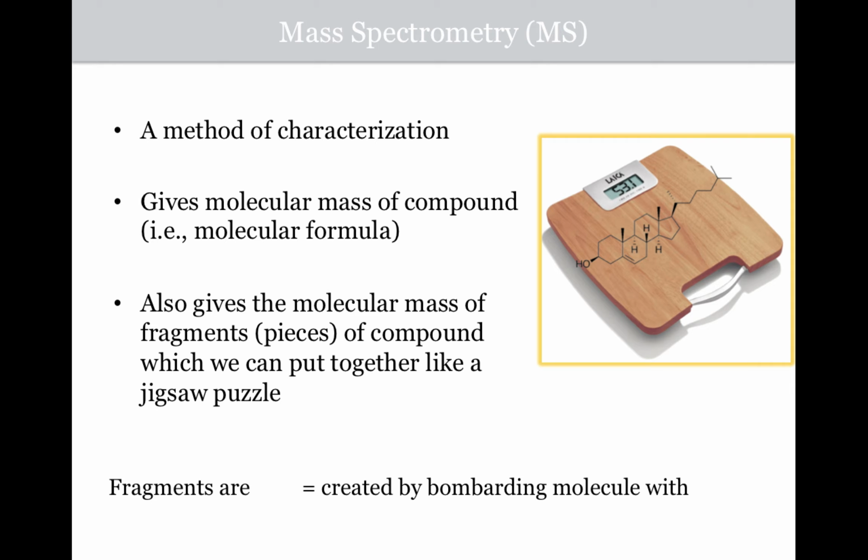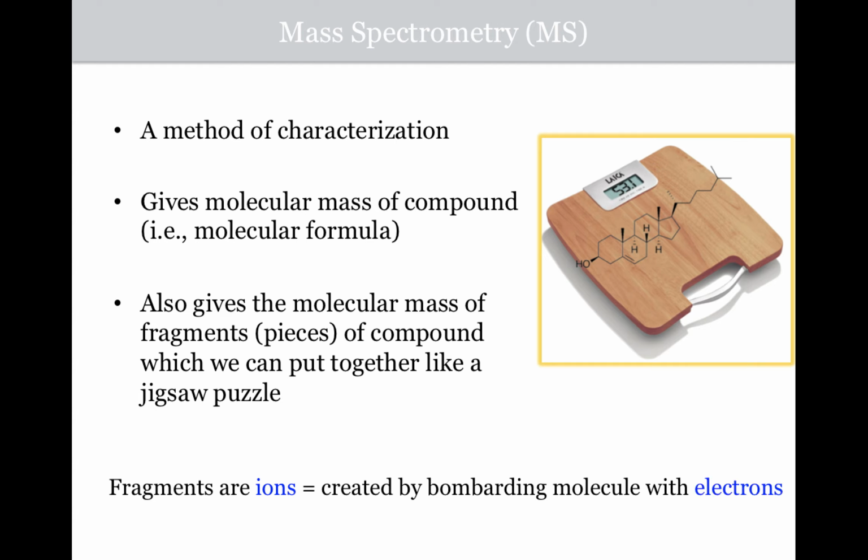Mass spectrometry gives the exact molecular mass of a compound. Also, it gives the molecular mass of its fragments, the pieces of a compound, which can be put together like a jigsaw puzzle to understand the pattern of the molecule. Fragments are ions and they are created by bombarding the molecule with electrons.